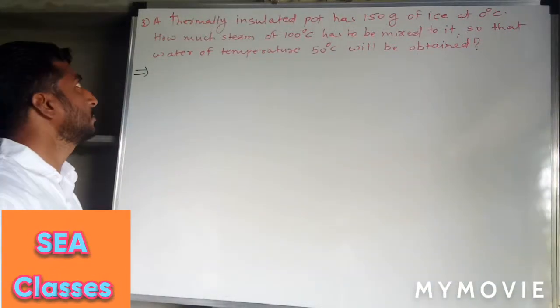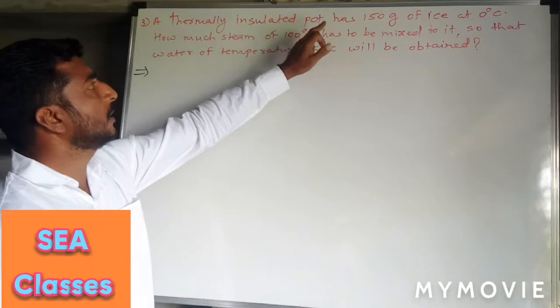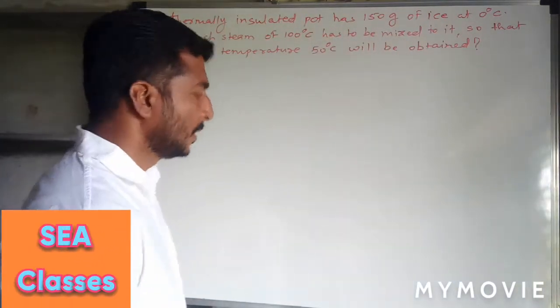Now we will see the third example. The example is that a thermally insulated pot has 150 gram of ice at 0 degrees Celsius.